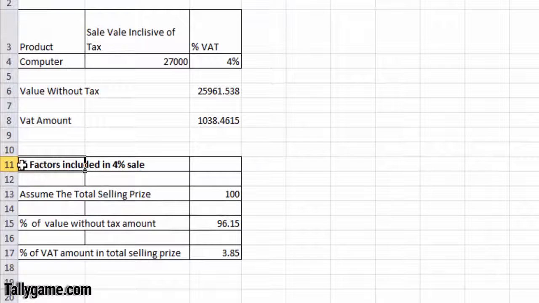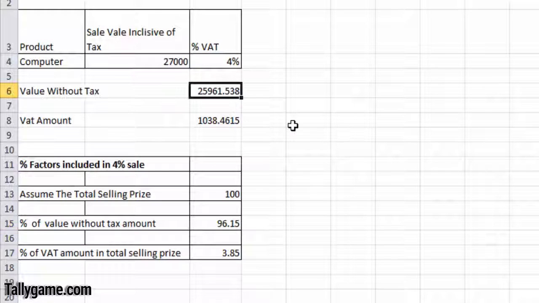To do this, we want to know the percentage of factors included in this 4% sale, that is the percentage of the value without tax amount and the percentage of the VAT amount. What is the percentage of this 25,961 and what is the percentage of 1038 in this total sale value?